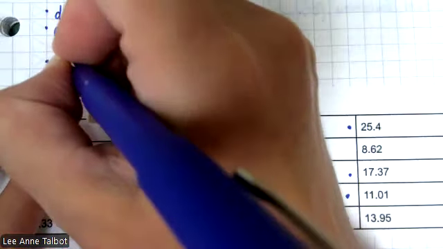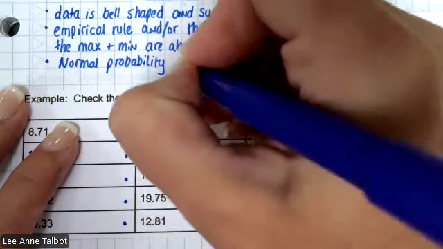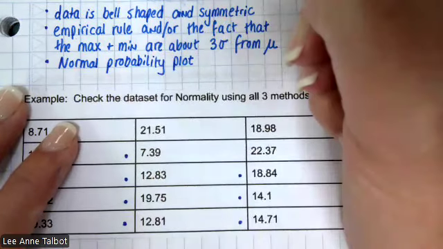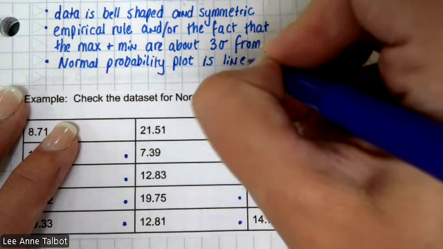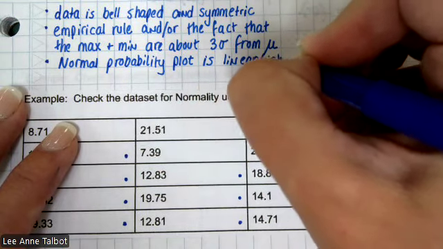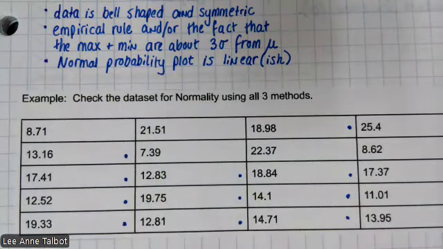There's something on your calculator called the normal probability plot. And you want to check to see if it's linear-ish. If it's linear-ish, then your data set is normal. It doesn't have to be perfect. Nothing in stats has to be perfect.